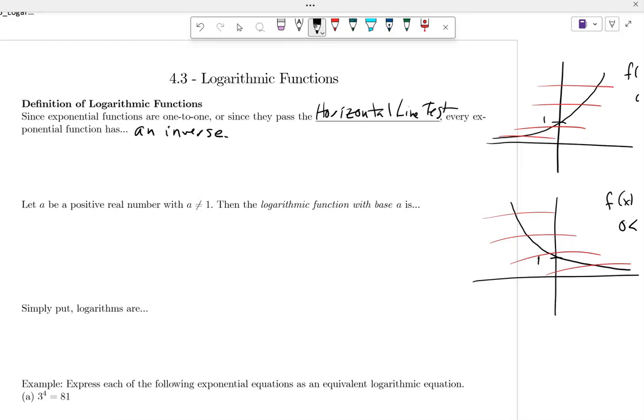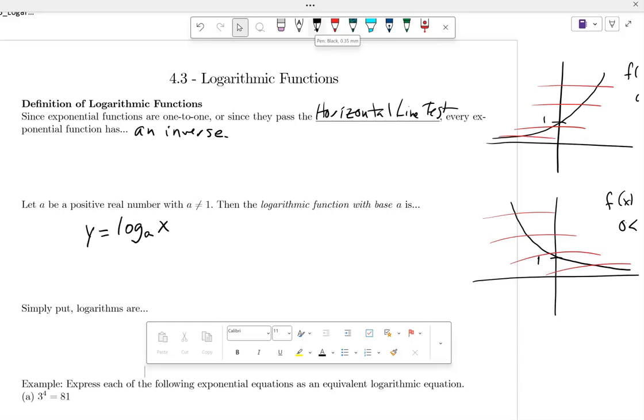We're going to define what the inverse function is, and that's what we refer to as a logarithmic function. So the definition is, the notation is y equals log with a little a subscripted here and an x. We read this as log base a of x.